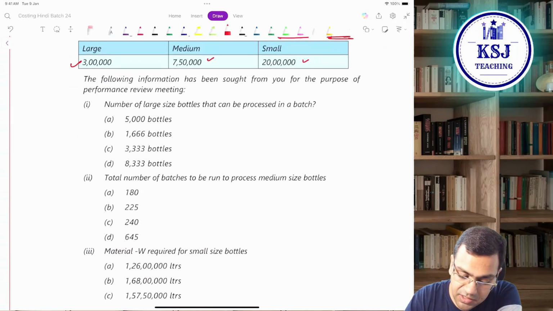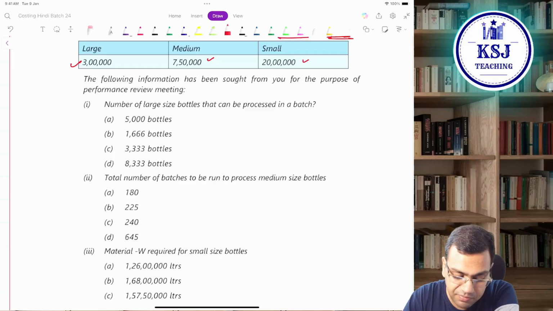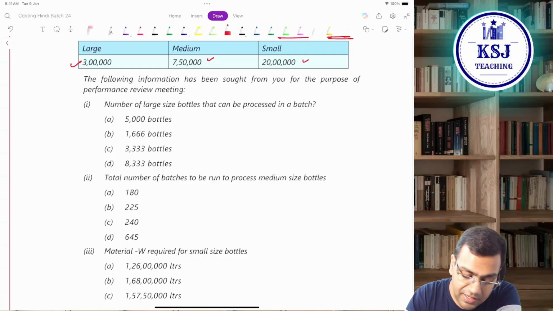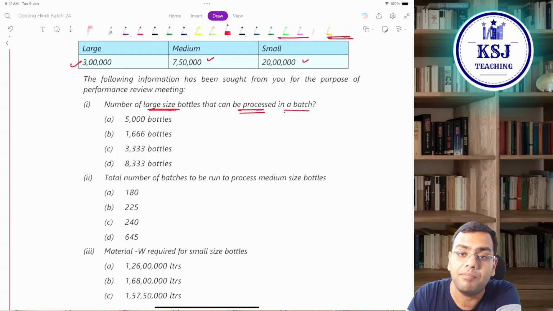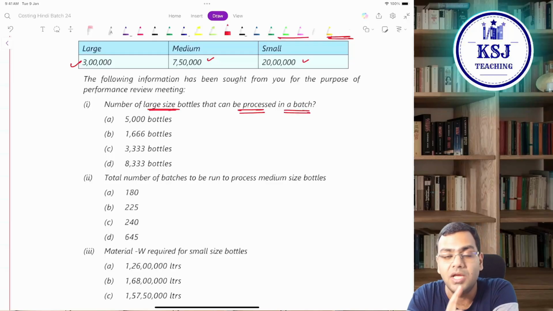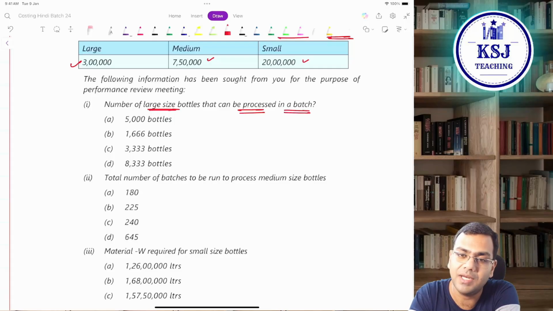The following information has been sought from you for the purpose of performance: that number of large size bottles that can be processed in a batch. That means in one batch, how many bottles can be processed? Large bottles, right? So we will calculate for large, medium and small. For all the three bottles, we'll calculate that in one batch of 5000 liters, one batch is how much?